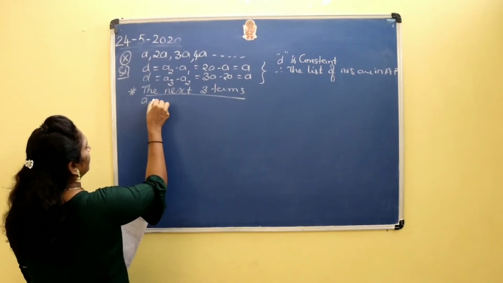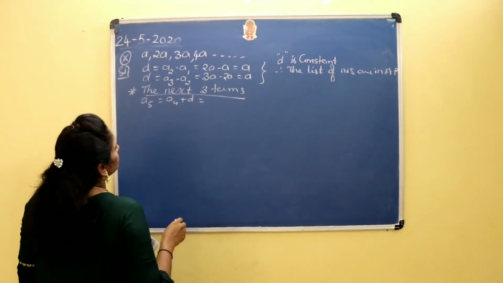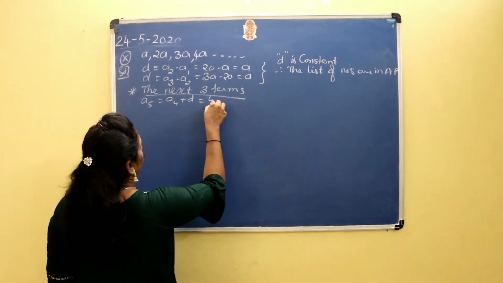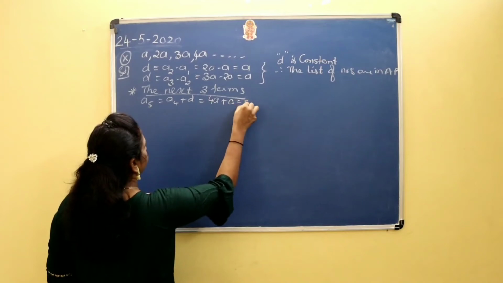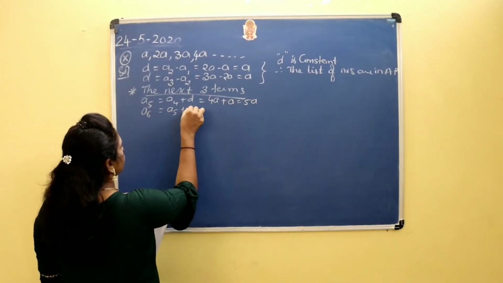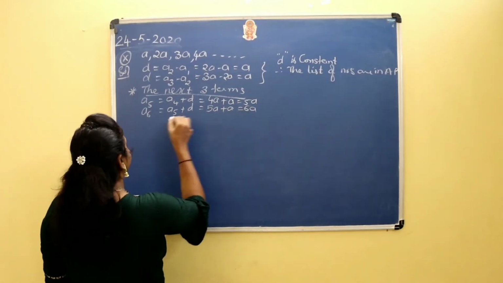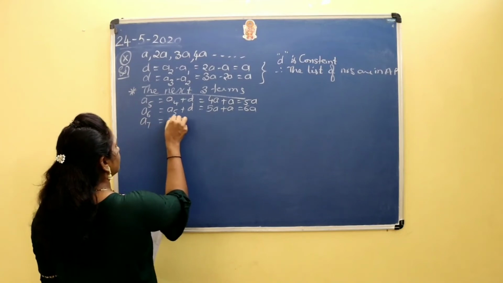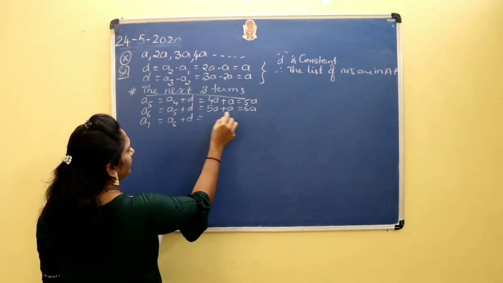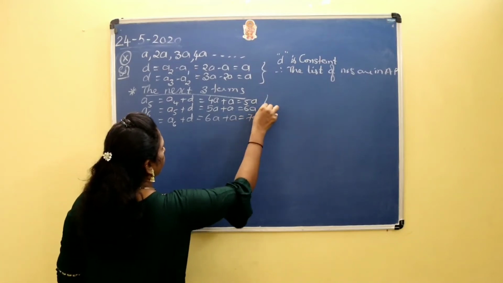So here A5 equal to A4 plus D. A4 is 4A. 4A plus A will give you 5A. A6 is A5 plus D. It is 5A plus A equal to 6A. A7 is equal to A6 plus D. Your A6 is 6A. 6A plus A is 7A.